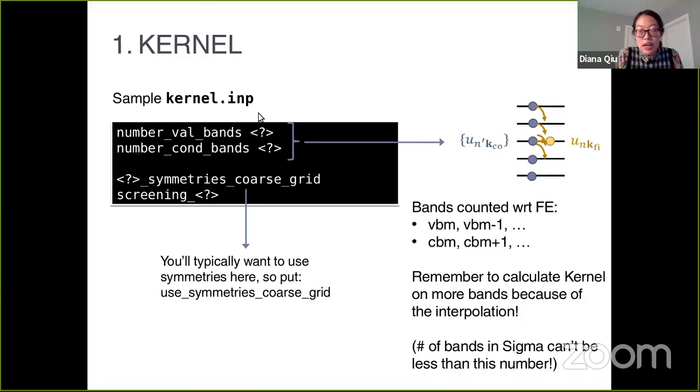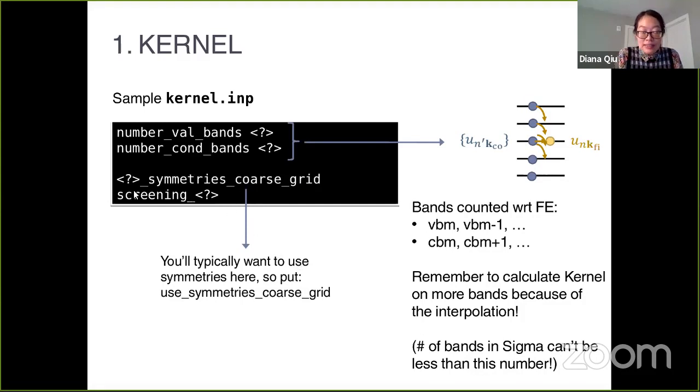So you should use a larger number of bands than you actually think you'll need here in this step. And then another flag is you can either use symmetries coarse grid or no symmetries coarse grid. So this tells you whether or not the code should unfold the wave function using symmetries. And so typically, in order to save computational cost, you do want to use symmetries in your wave function in this step.